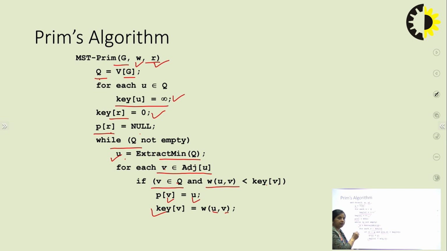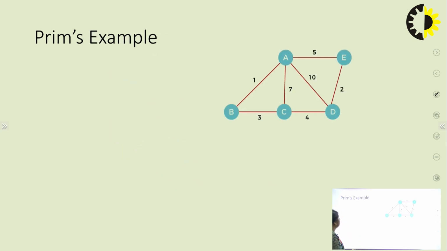Okay, now let us understand it with an example. I have taken here a graph in which A, B, C, D, E, 5 vertices are there. Let me consider A as the source. I am considering A as the start node. So how many other nodes are there? 4.